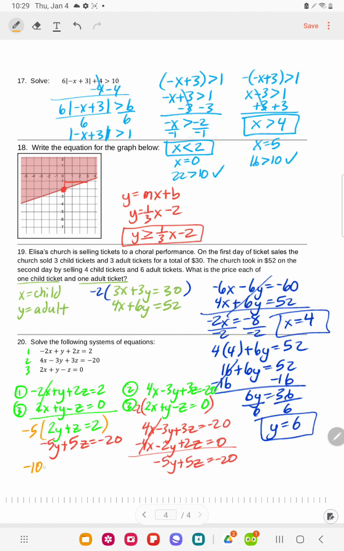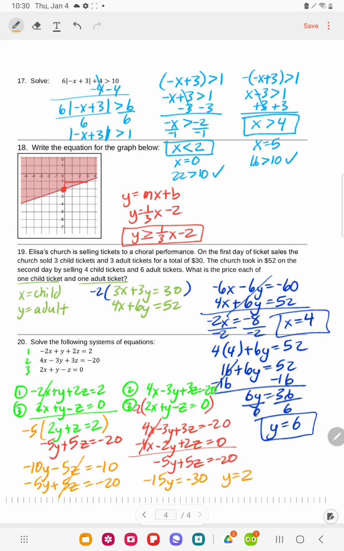That gives us a new equation of negative 10y minus 5z equals negative 10. And our second equation has negative 5y plus 5z equals negative 20. As you can see, the negative 5z and positive 5z cancel each other out, and we're left with negative 15y equals negative 30. That means y must equal positive 2.